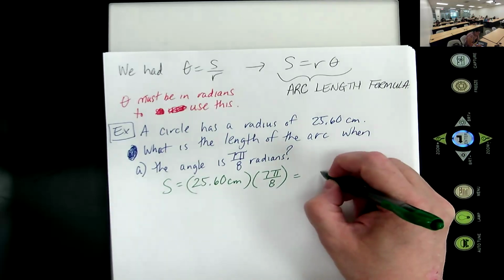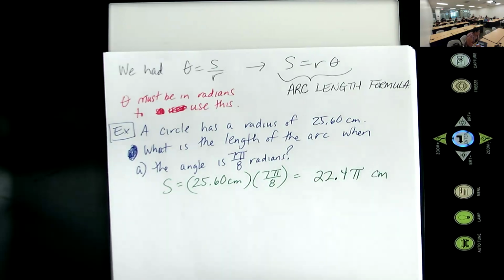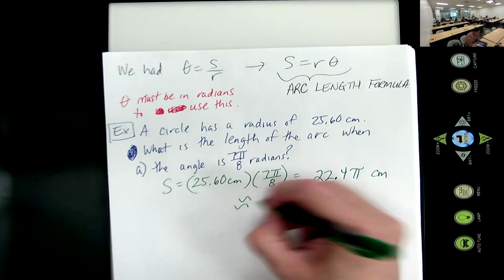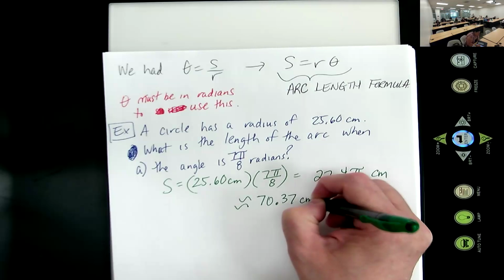And if you leave the pi in, you've got like 22.4 pi centimeters, which should be pretty much meaningless to most people on the planet. So if you multiply that out, this is approximately 70.37 centimeters.